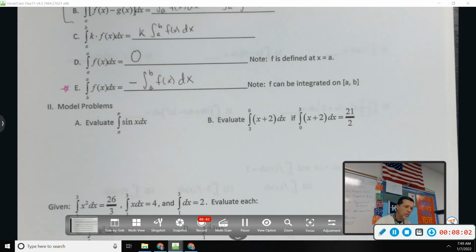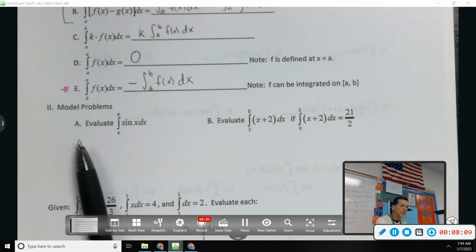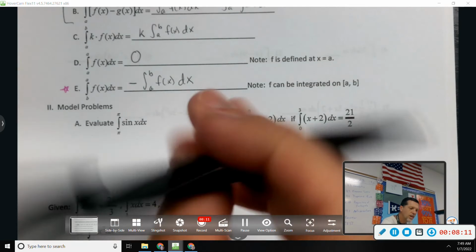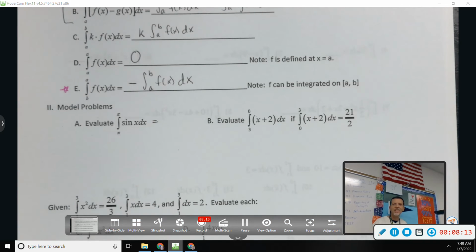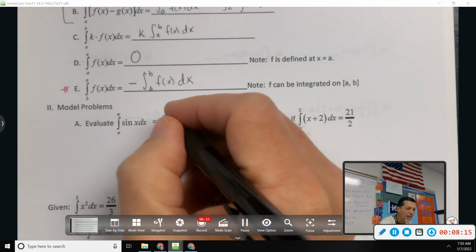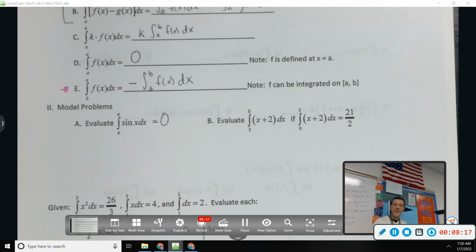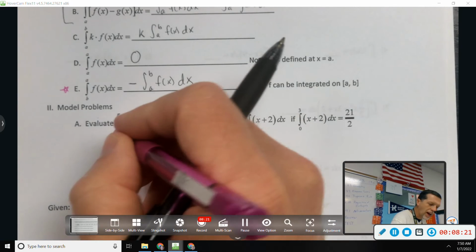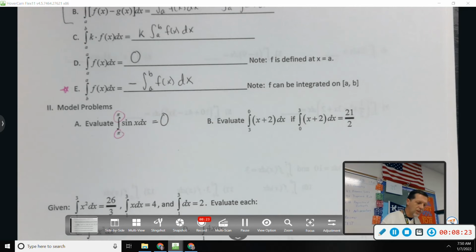All right, some sample problems here. Look very carefully at model problem A. What's the answer to that? 0. Good. Even if you forgot what the graph of sine looks like, it doesn't matter, because if you're going from pi to pi, well, that width is 0, so there's no area there.